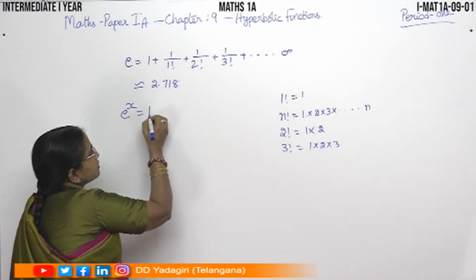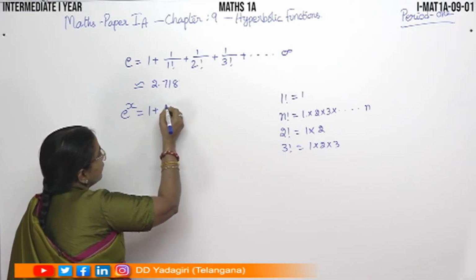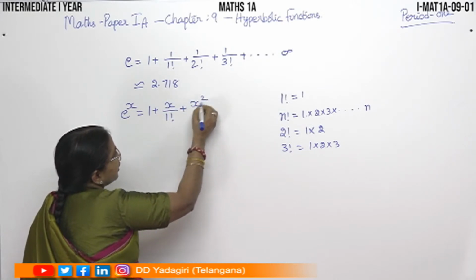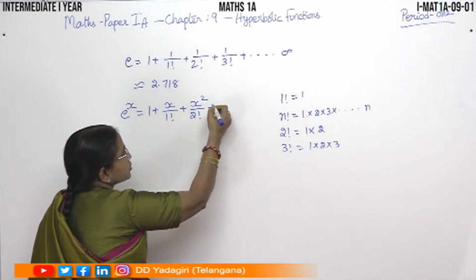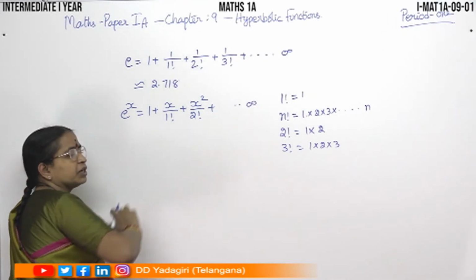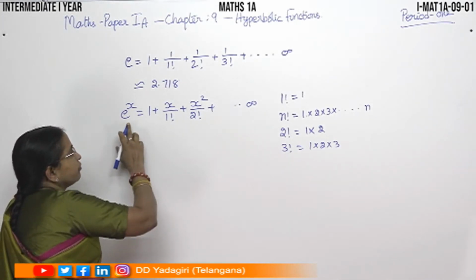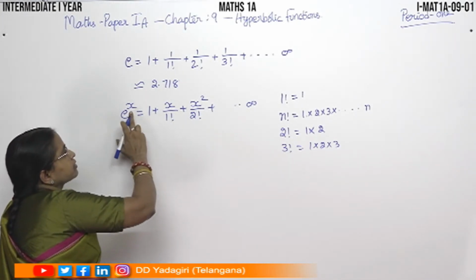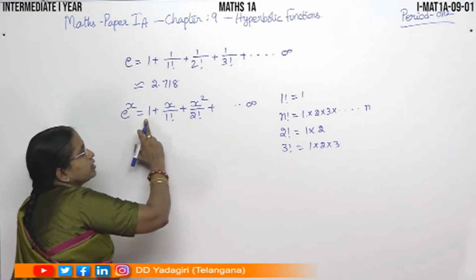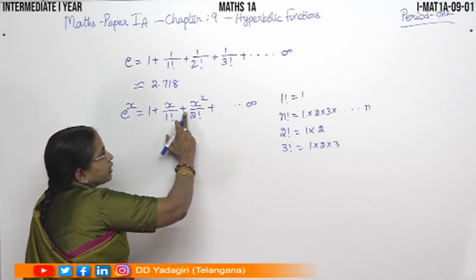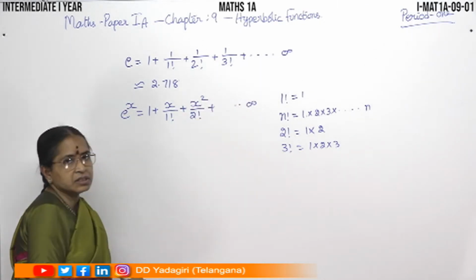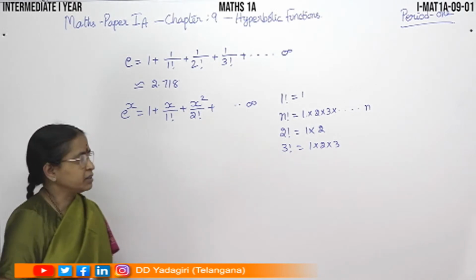So e power x is 1 plus x by 1 factorial plus x square by 2 factorial plus x cube by 3 factorial, so on to infinity. This is the most general series expansion of e power x. When you put x as 1, you will get e power 1, which is 1 plus 1 by 1 factorial plus 1 square by 2 factorial, like that. So this is about e power x.